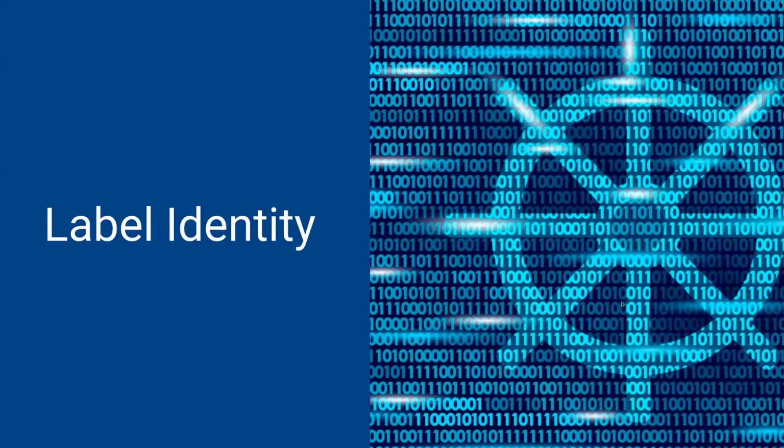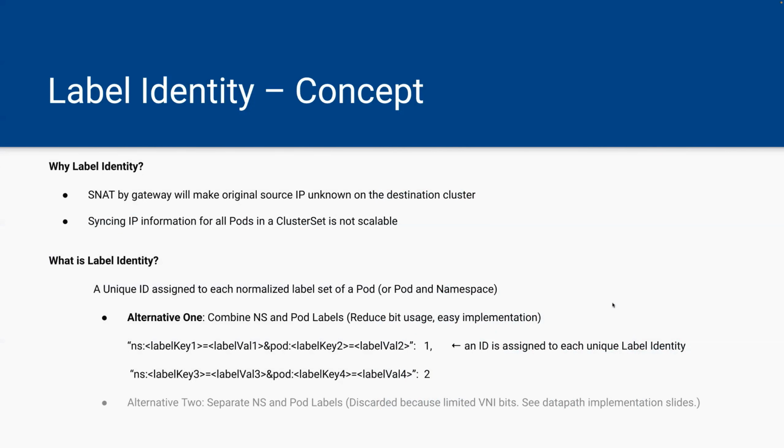How we realize the stretch network policy is through something called label identity. Basically, for all the pods that are in a cluster set, we use a label identity to categorize them.